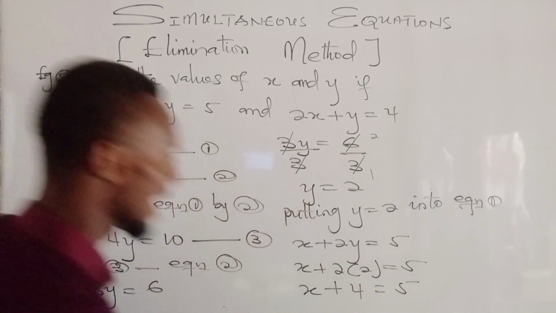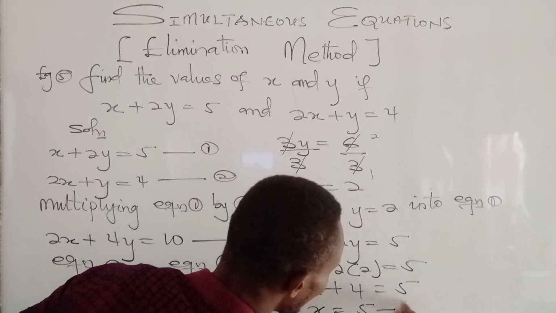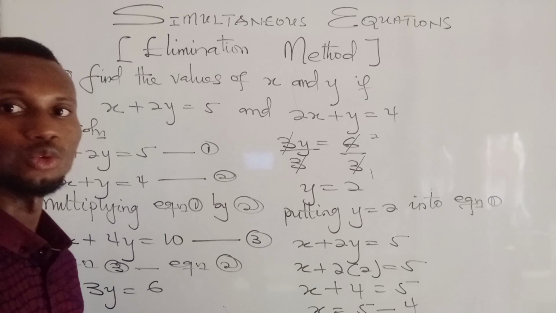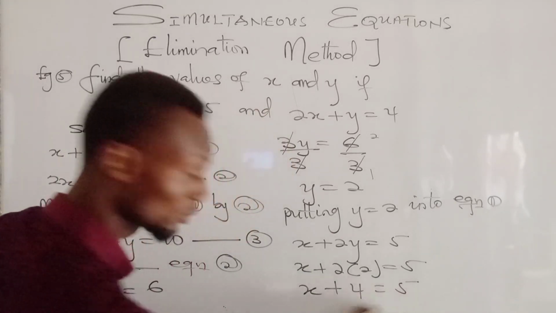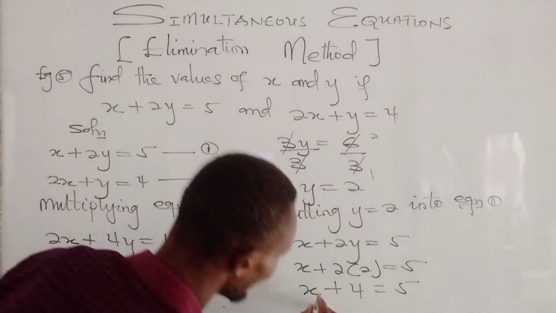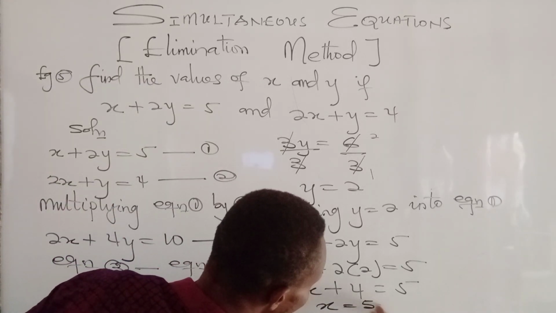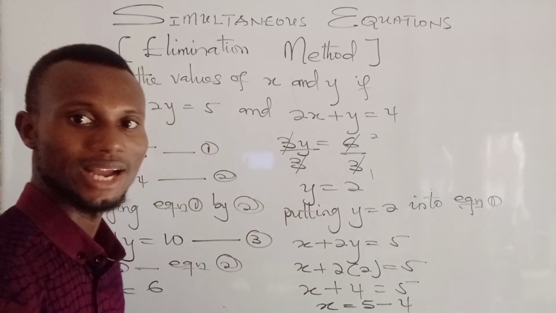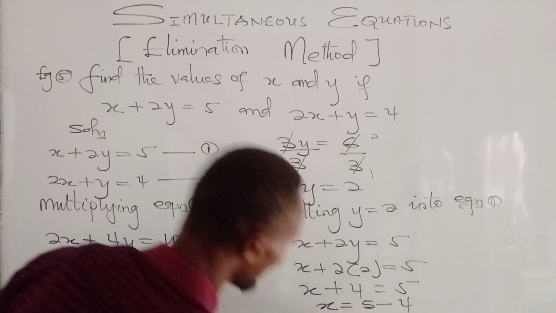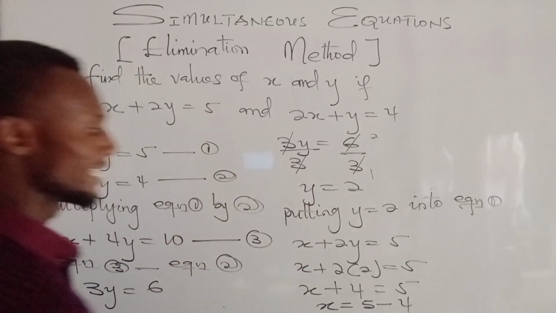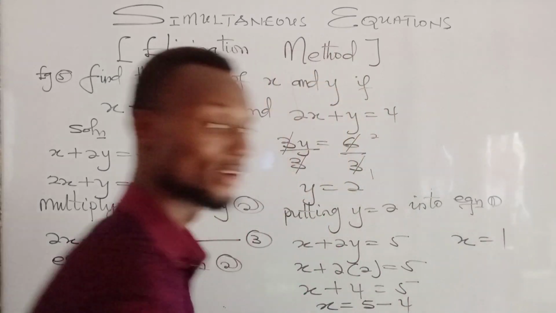Then you just group like terms and solve for s. So your s will be equal to 5 minus 4, and your s will be equal to 1. Let me clean it and write it so that you can see it. So s is equal to 5 minus 4, and that will give us s equals 1.